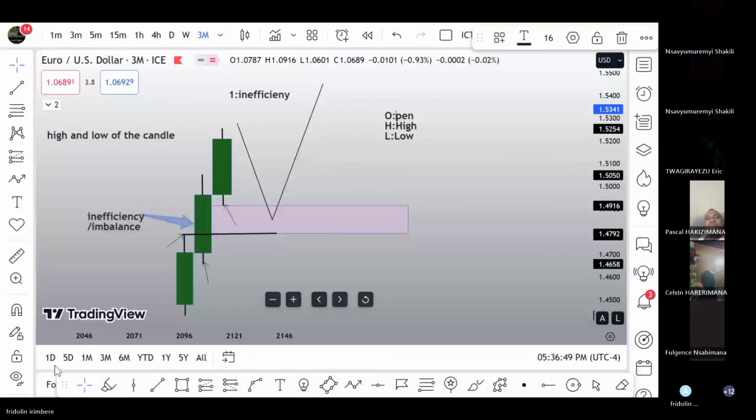So all these things are here. Open, high, low, and close.